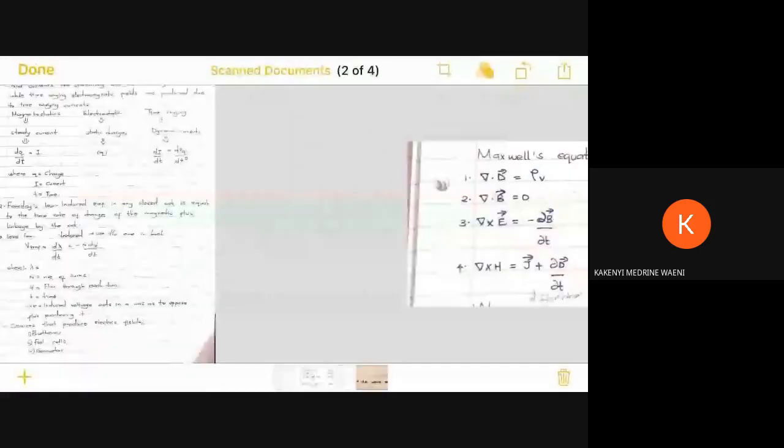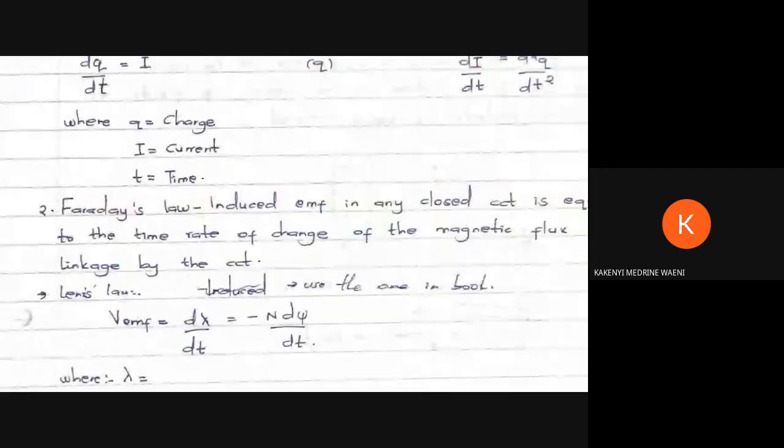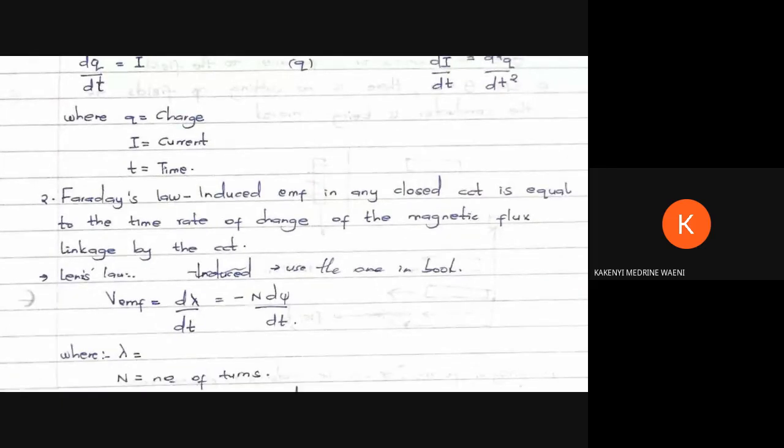So Faraday's law states that induced EMF in any closed circuit is equal to the time rate of change of the magnetic flux linkage by the circuit, which is, in short, V_EMF equals d psi over dt.